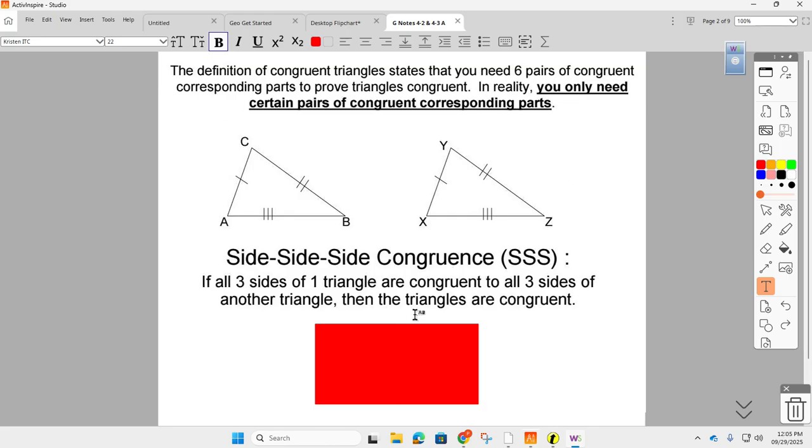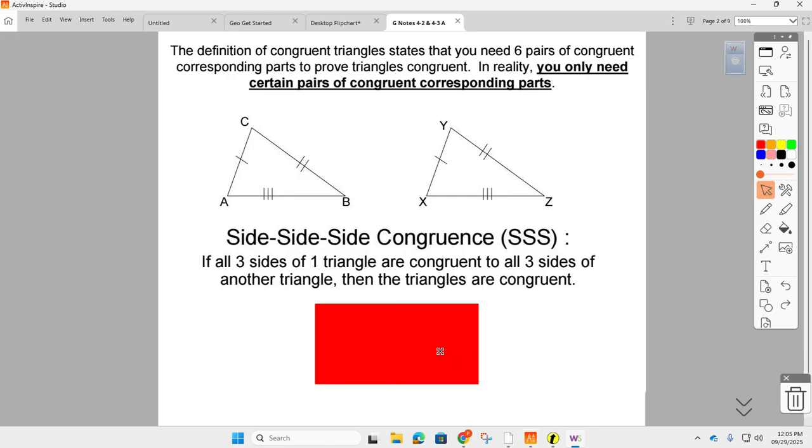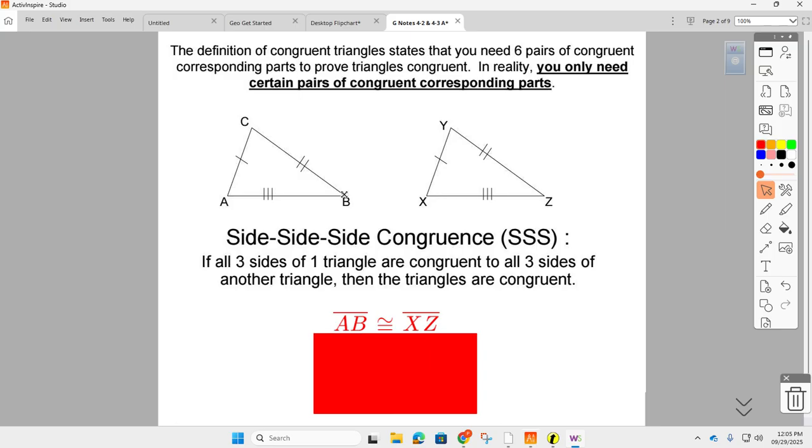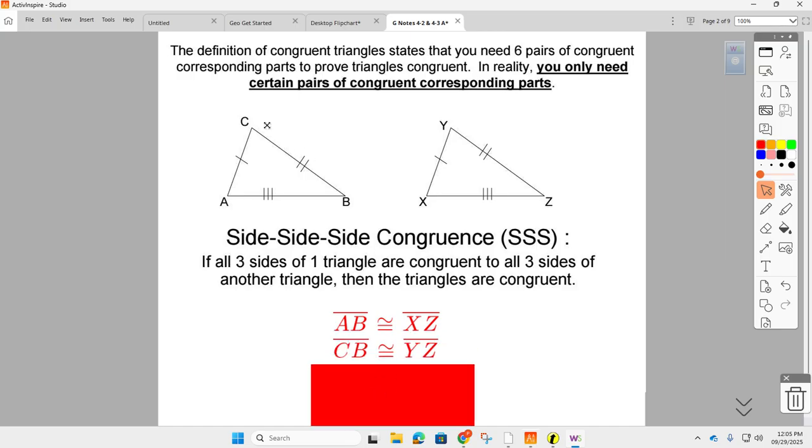So here we see that AB is congruent to XZ. We see that side CB has two dashes, and side YZ has two dashes, so those are marked congruent.